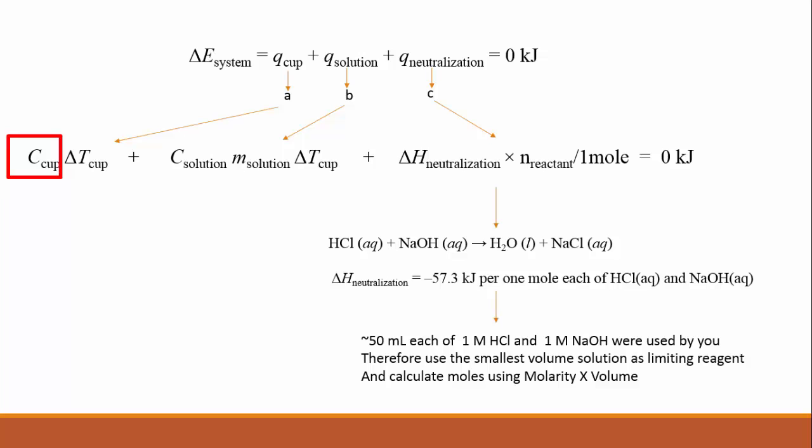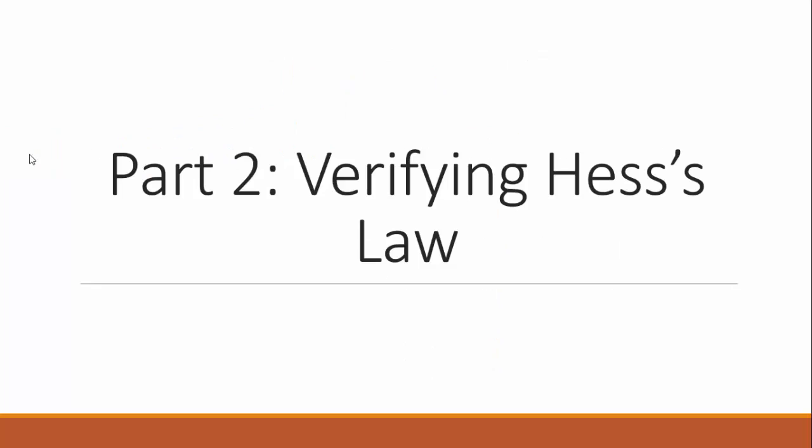Then you can use that to calculate the moles of each of them using molarity times the volume. Once you've done that, you would have every term in this equation, and the only one that would be unknown would be C cup. So you can rearrange the equation and solve for C cup, and that will be your heat capacity term for that cup. You use that for your subsequent experiments.